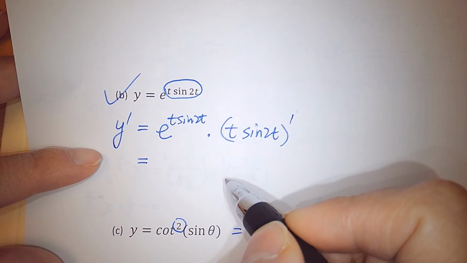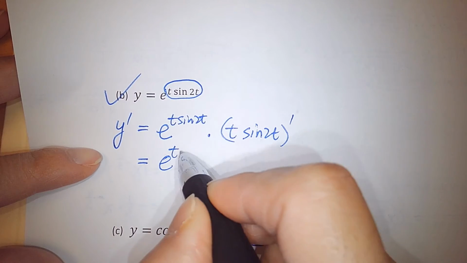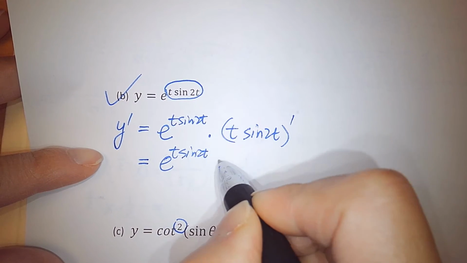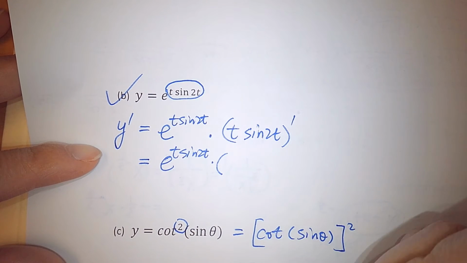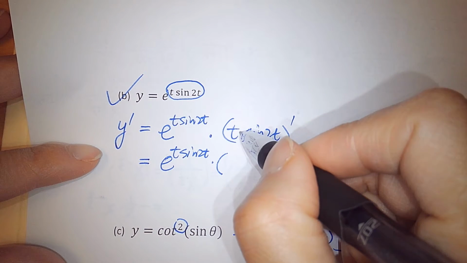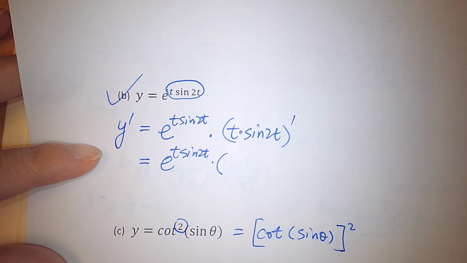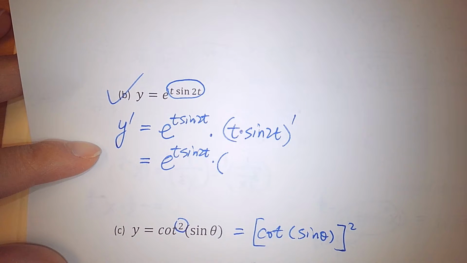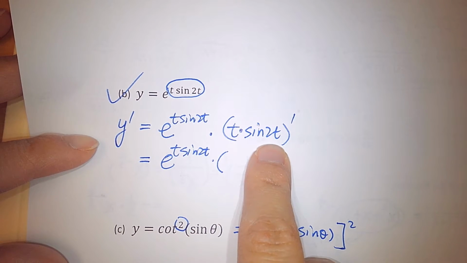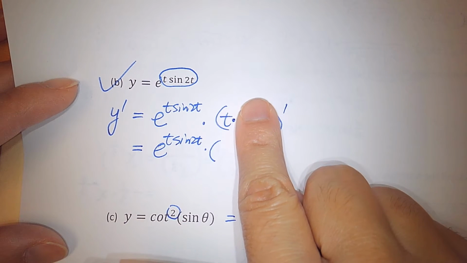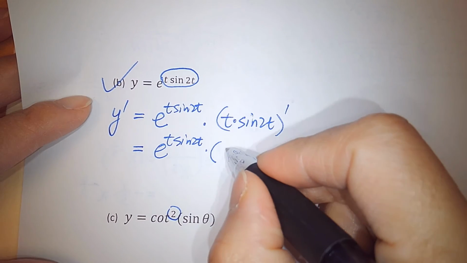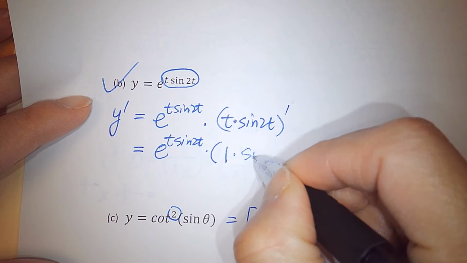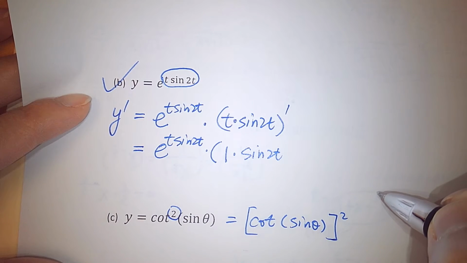Equals e to the t sin of 2t. Let's still copy that. Now you set a parenthesis. What operation do you see? Product, right? t times sin of 2t. So by using the product rule, what do we do? Differentiating t with respect to t gives us 1, times sin of 2t, right?